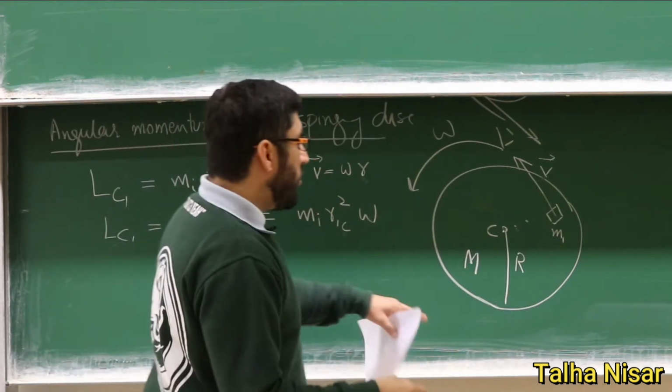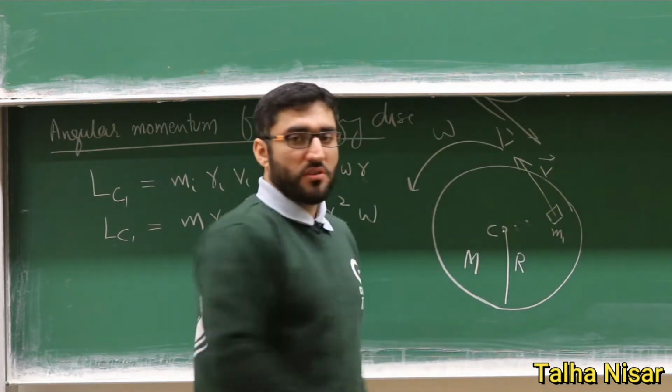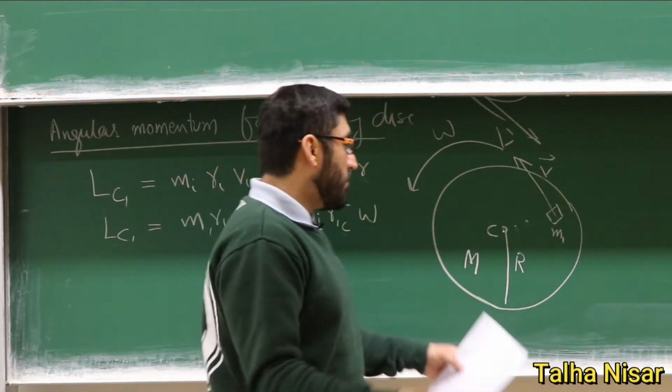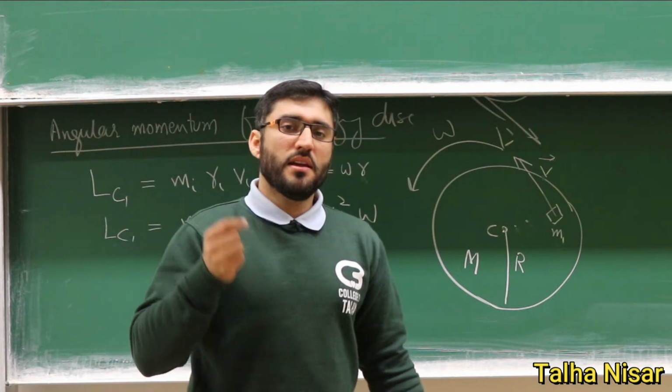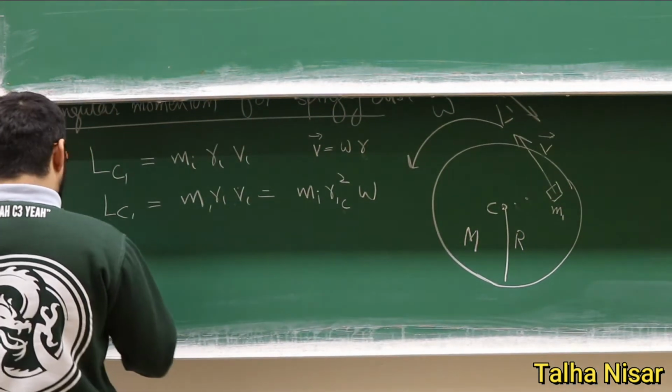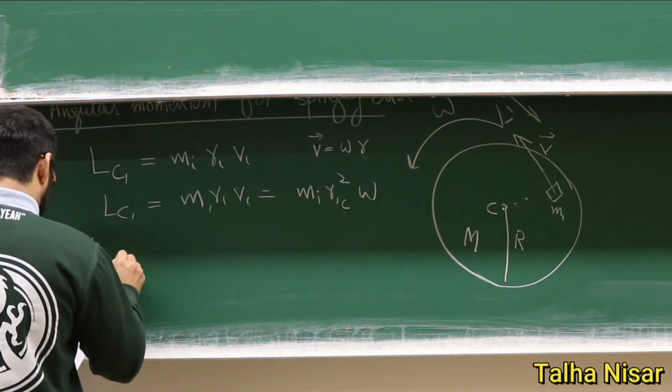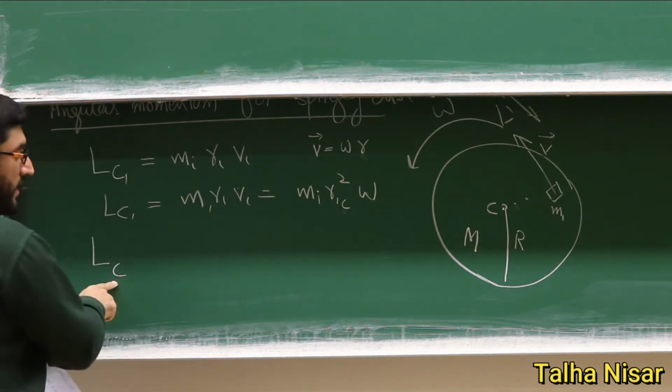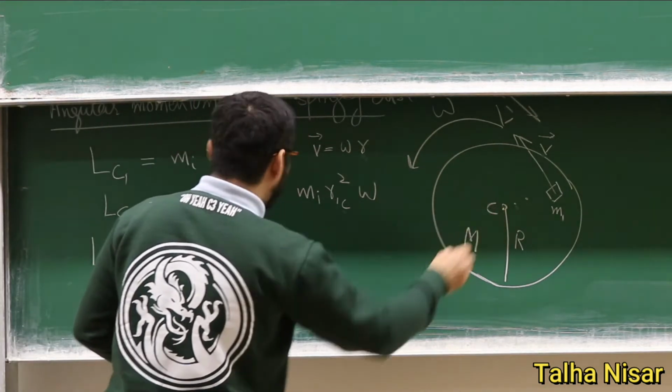And now we want to know the angular momentum for the complete disk. So what we need to do is just sum all of it. The C is for the center, this is our reference point.